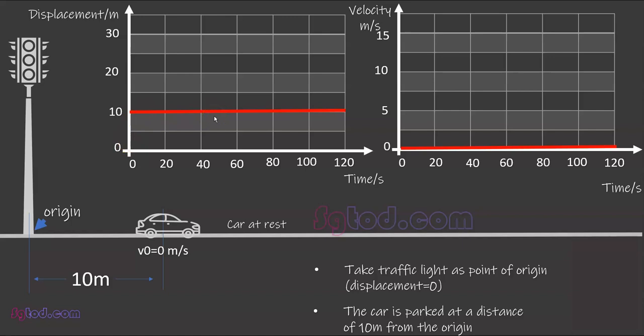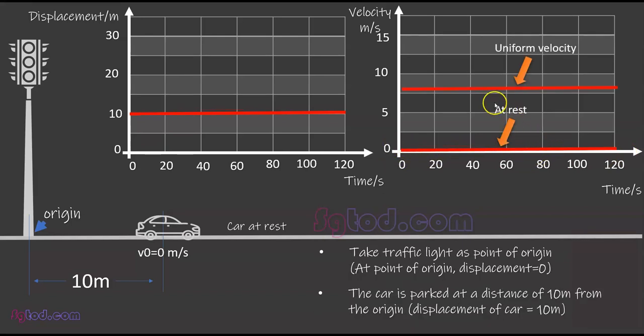But take note that when you see a horizontal straight line on the velocity time graph, the object is at rest only if the horizontal straight line is on the x-axis, indicating that its velocity is 0 throughout that period of time. If you see a horizontal line on the velocity time graph that is above the x-axis, the object is not at rest. It is traveling at constant or uniform velocity.